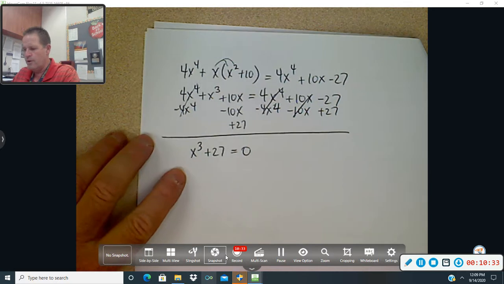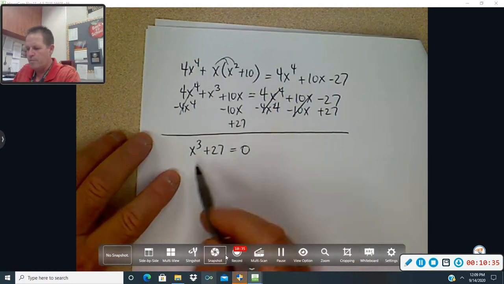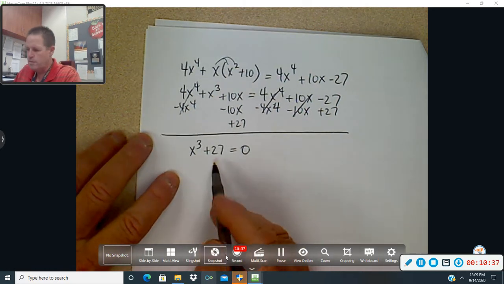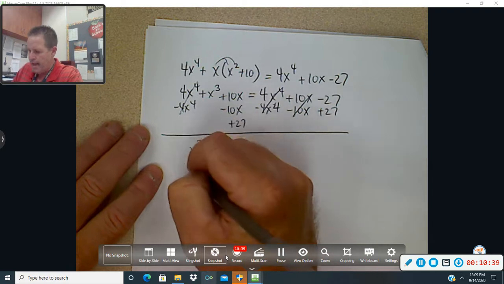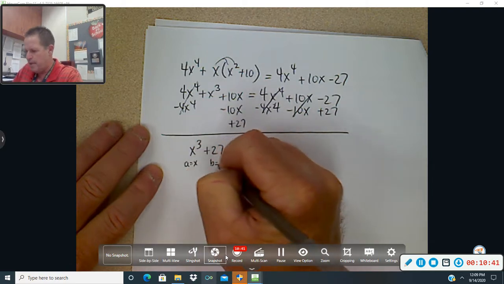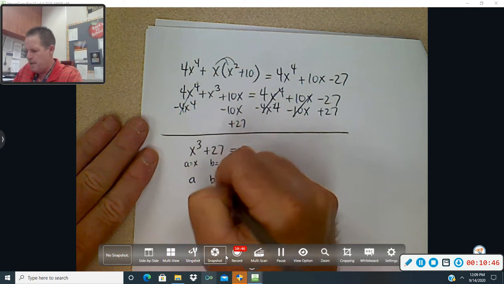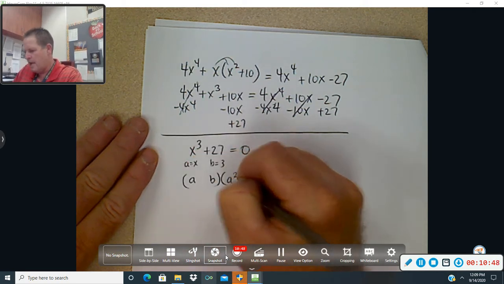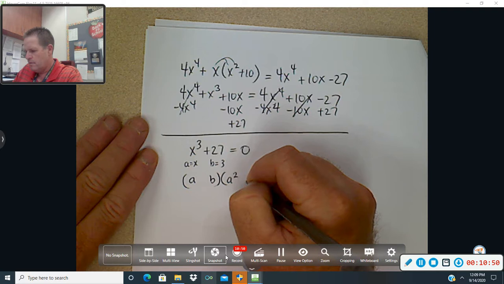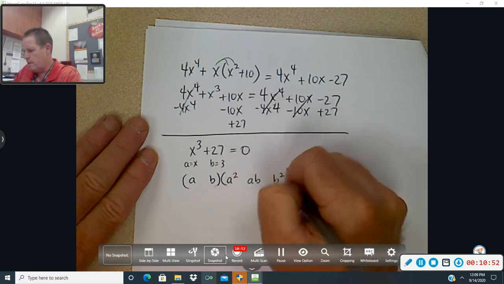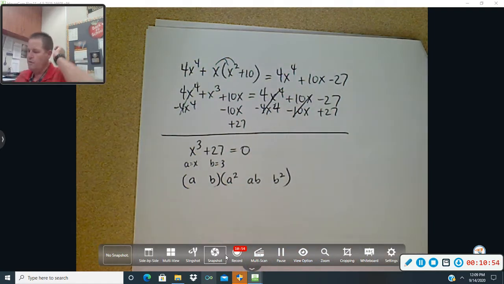So we're going to factor with the cube pattern. These are both cubes. Okay, so my a is going to be x. My b is going to be 3. My pattern is a plus b times a squared, minus ab, plus b squared. That's your pattern for cubes.